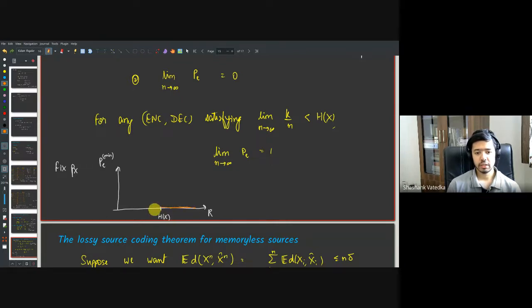But then if you try to compress at a rate even slightly below the entropy, then the probability of error is very close to 1. All right, but remember, this is not for a fixed compressor. For each R, you will choose a different compressor, the best possible compressor for that particular rate. All right. Any questions here?